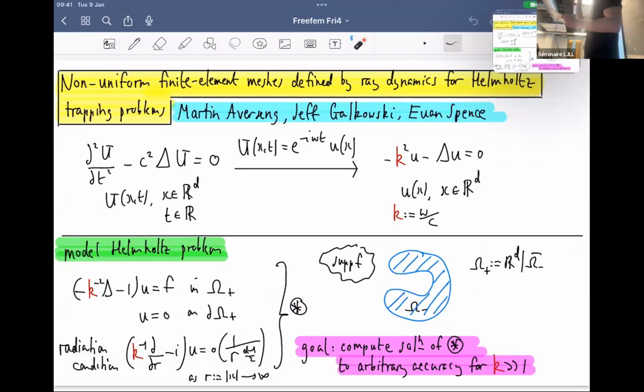So we had the talk earlier about the loudspeakers using trapping to create the bass, and these resonant spaces. So trapping is often a feature of the Helmholtz equation, of these wave equations, that you want to exploit. And so that's a reason why we should look at these trapping problems more carefully, I think.